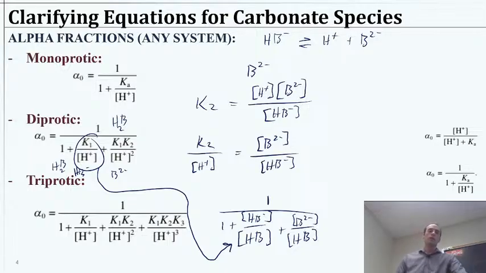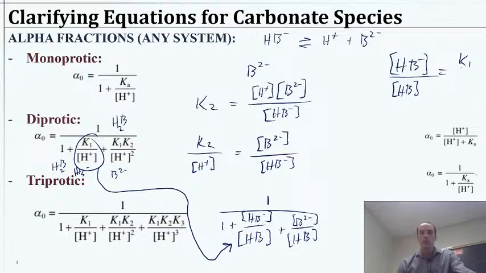Now just a minute ago we did a substitution for HB minus, right? We had just done that in this situation to say that, well, HB minus over HB was that K1 over H plus.